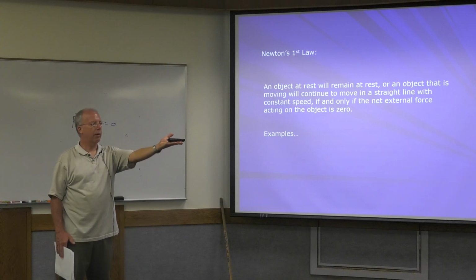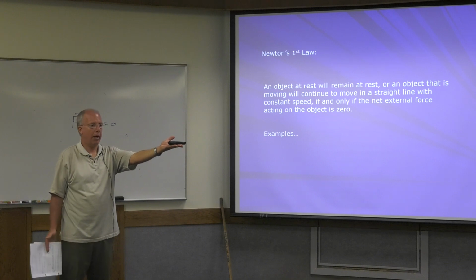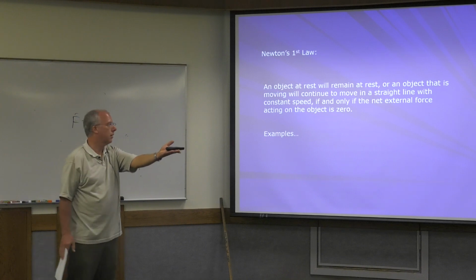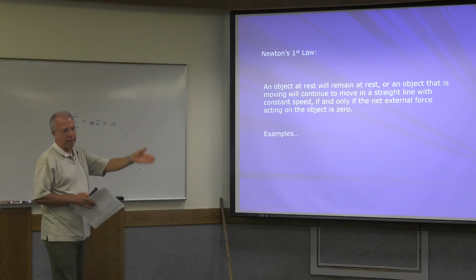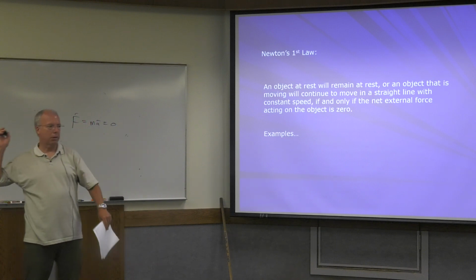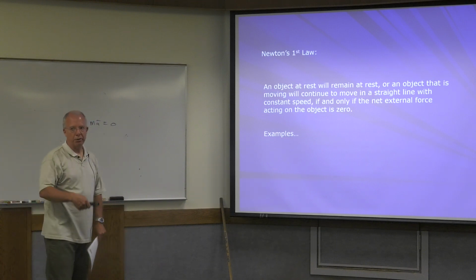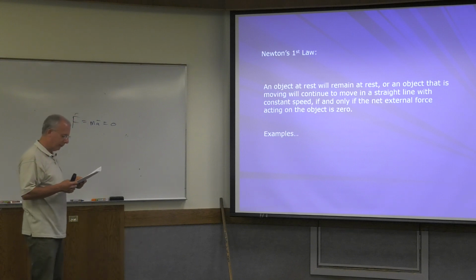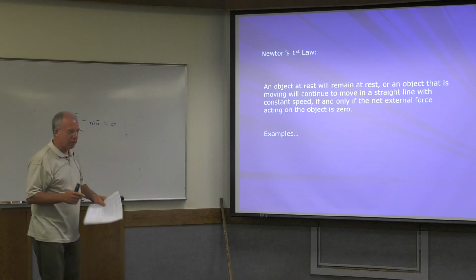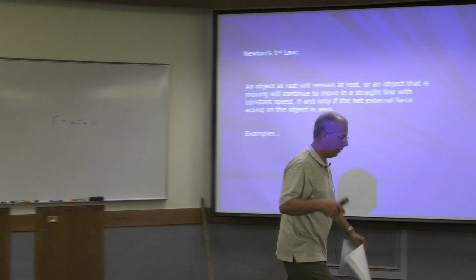The net force on it is 0, so it's going to remain at rest. And I just gave that example in deep outer space: if I threw something, no forces acting on it, so it just goes constant speed, constant direction.